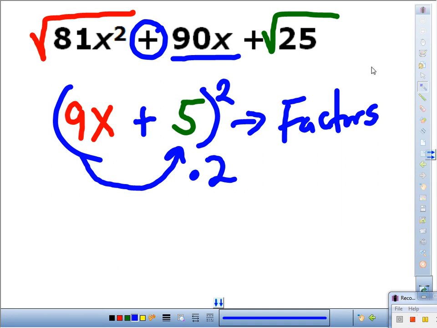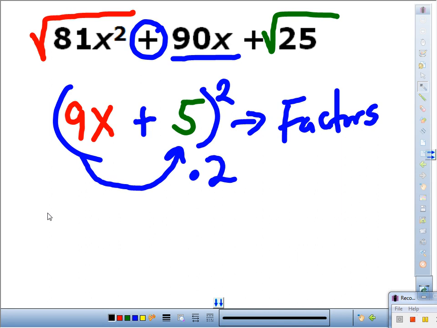You have to find all the factors of whatever that is. Yeah, so this one and that one, and those are my factors.